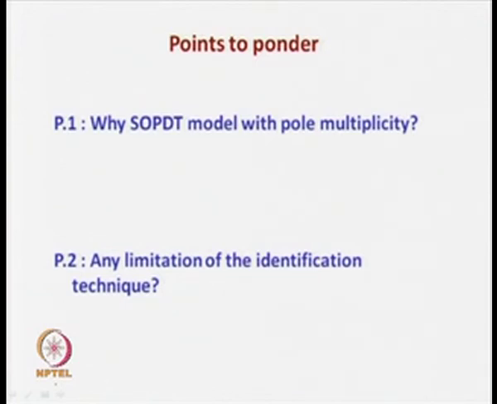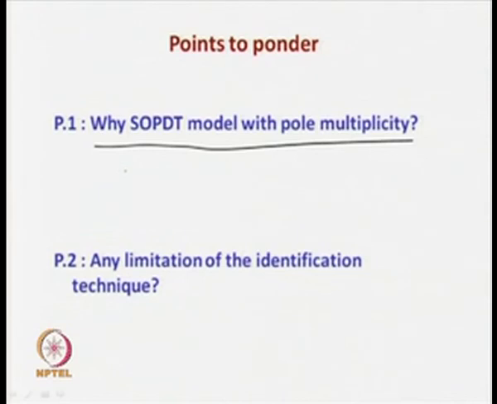So, the points to ponder: second order plus dead time model with pole multiplicity. Is it absolutely necessary to find transfer function models with pole multiplicity? Yes, sometimes we have the system characteristics available in the form of k e to the power minus theta s upon (T1 s plus 1) to the power n, particularly for critically damped systems.